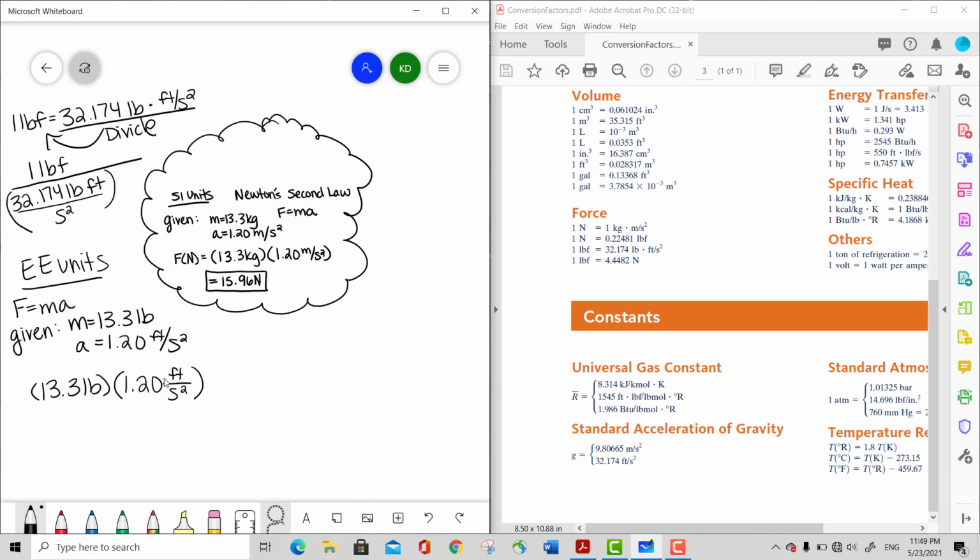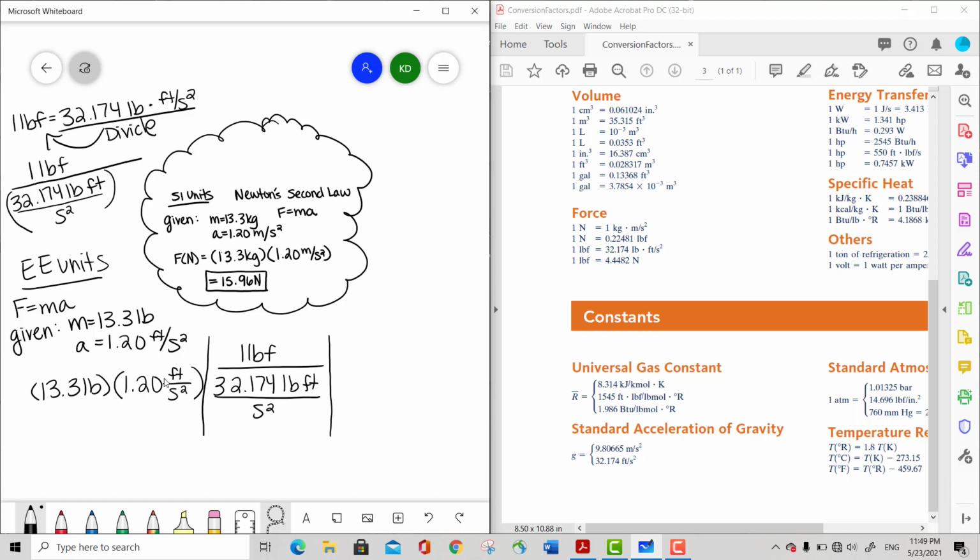And then this is where our conversion factor comes in. We're just going to multiply that 1 pound force over 32.174 pound feet over second squared. And this is when we are canceling out.